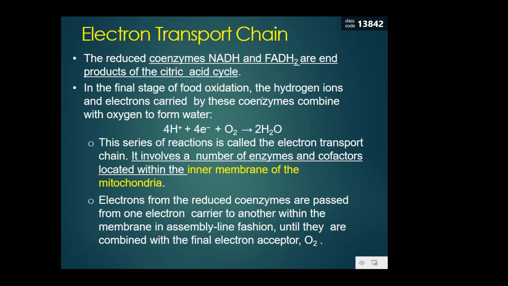Okay? Pero dun sa citric acid cycle natin, di ba, nag-produce tayo nito ng hydrogen plus and electrons. And it combines with oxygen to produce water. Diba yung diagram natin ganyan? Oxygen to water, tapos hydrogen plus electron, po-produce ka ng oxygen to water, diba?